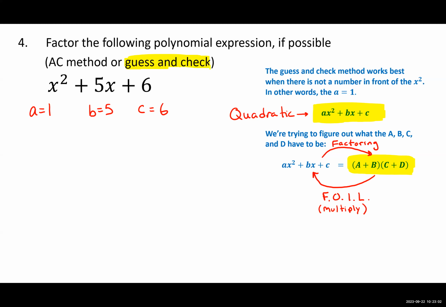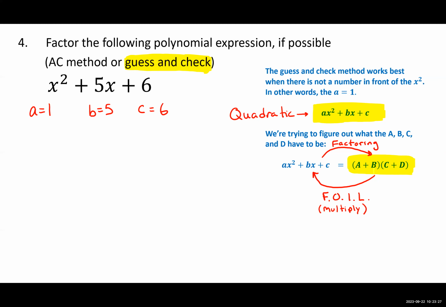Now, it's not a random guess. It's not guess anything and then see if it's right or wrong. It's actually the educated guess and check method. You want to make an educated guess, or an intelligent guess, something that might be an answer, and then check it. So if we look at what I have here on the bottom where it says factoring and FOIL, right?